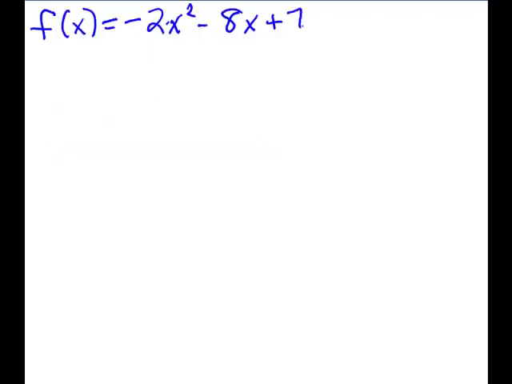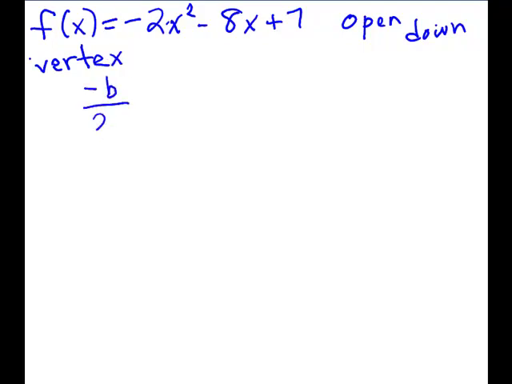Let's look at one more of these. So we have the general form of a parabola, and let's get the information we need to draw the graph. First of all, our a is negative, so it's going to open down. We want to find the vertex, so we're going to use our formula for the vertex, -b over 2a, and then we'll plug that in.